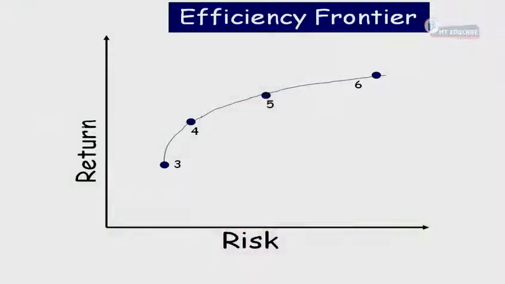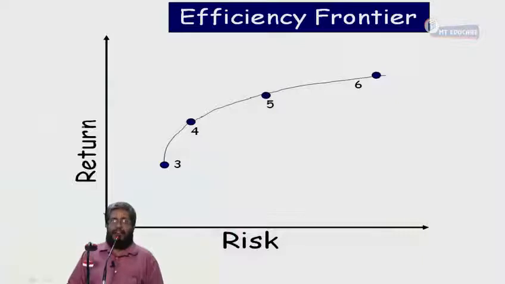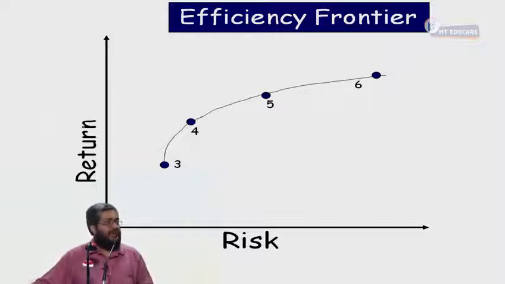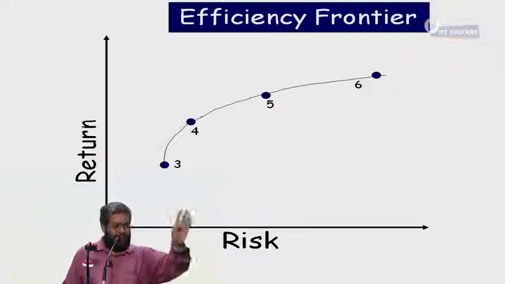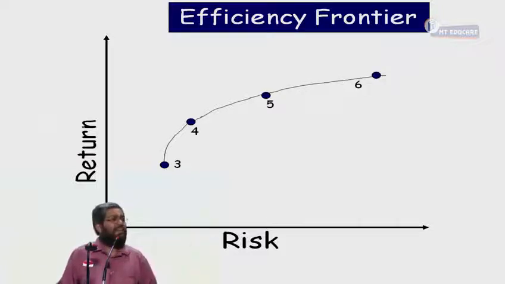Markowitz said very simple: with the help of the data, find out the efficient frontier. Invest only in those securities or portfolios which are sitting on the efficiency frontier. There can be so many other combinations as well as securities that fall below the efficiency frontier. Those things you never touch because they are inefficient. Are you following what I am saying?